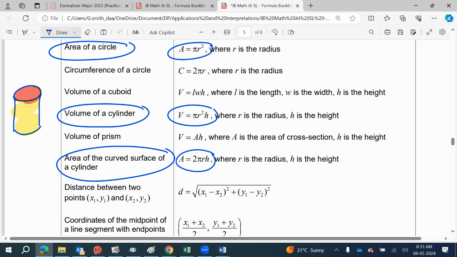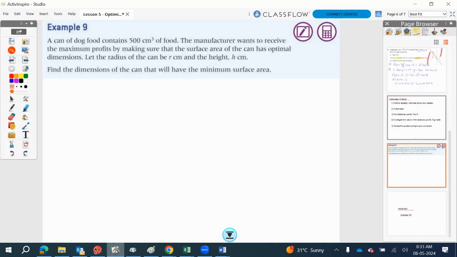So starting with the volume is pi r squared h. So we need volume equals pi r squared h. We got 3 variables there. Do we have any numbers for any of those 3 variables? The volume is 500.